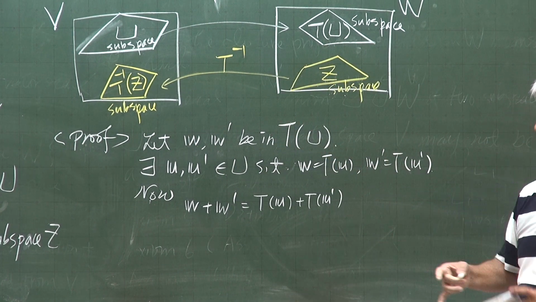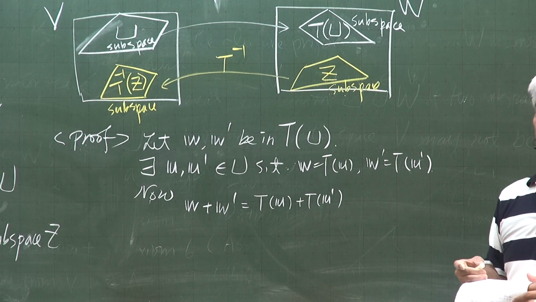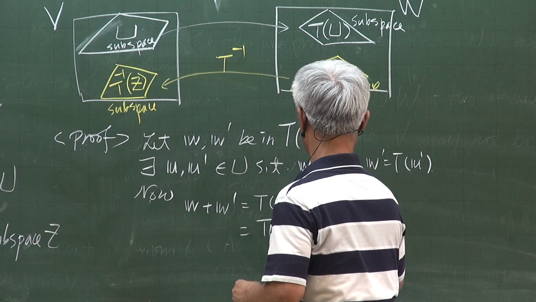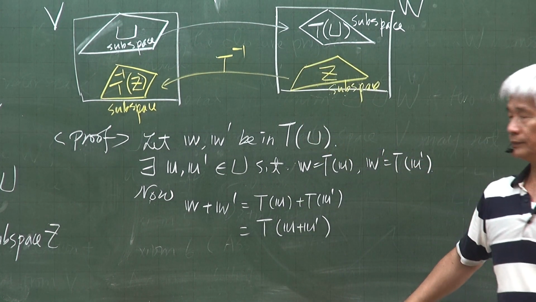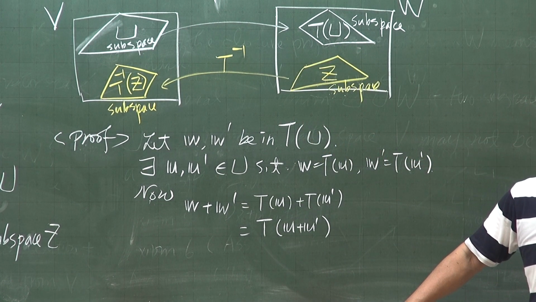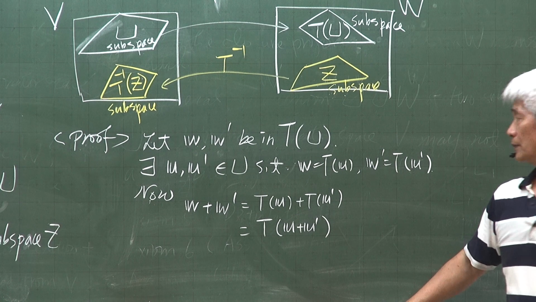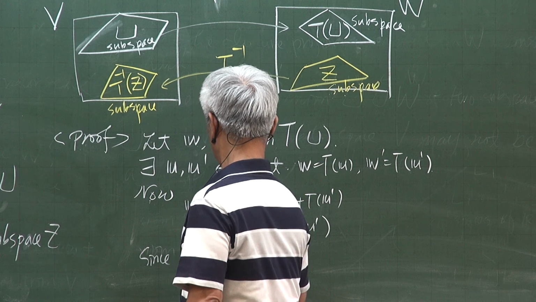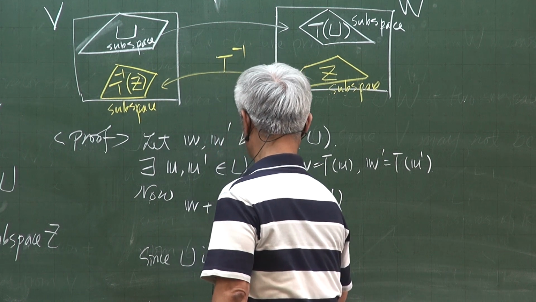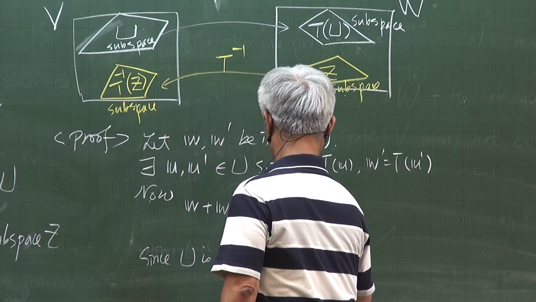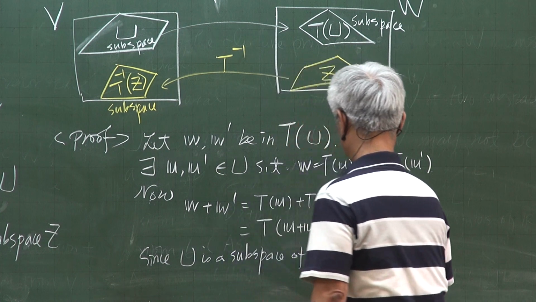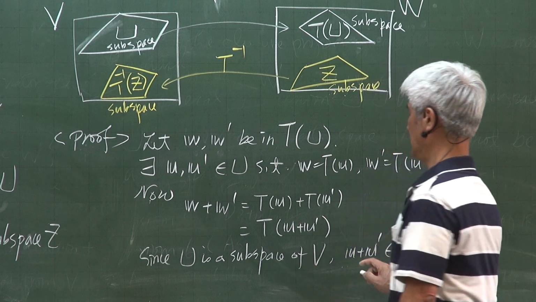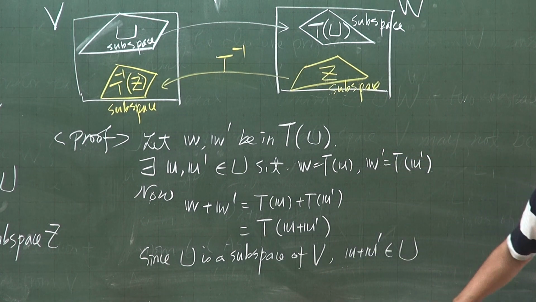Now, by linearity of the linear transformation T, this is T(u plus u prime). Right? Since U is a subspace of V, u plus u prime is also in U. So U is closed under vector addition.